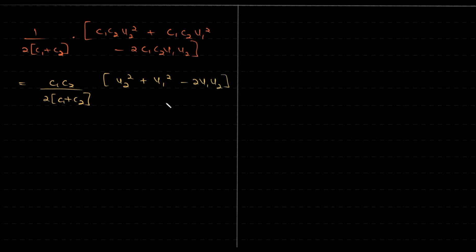This is in the form of A minus B the whole square. So C1 C2 times V2 minus V1 the whole square, divided by 2 times C1 plus C2. So that's your final expression. So what can we tell? Clearly, there is a reduction of energy by this factor.